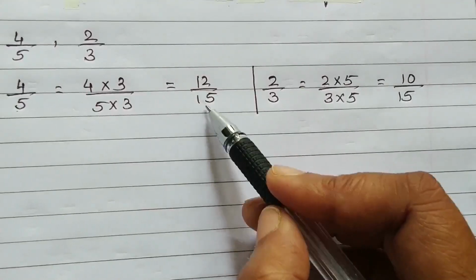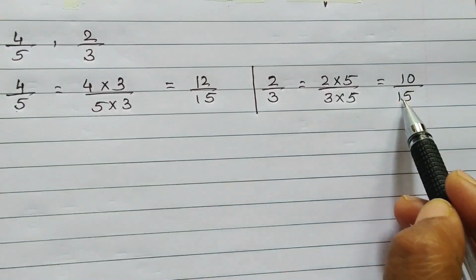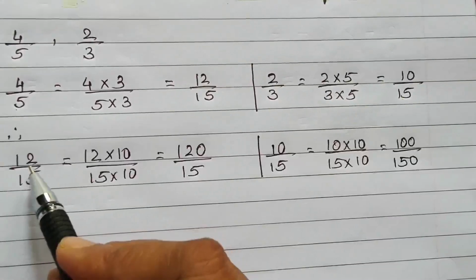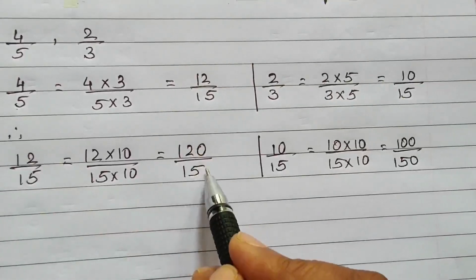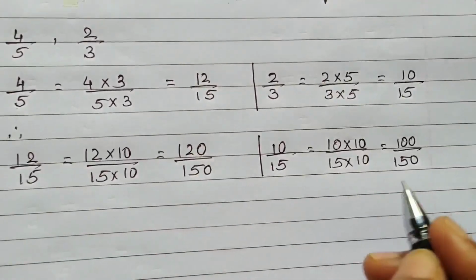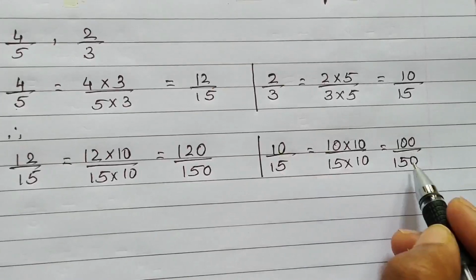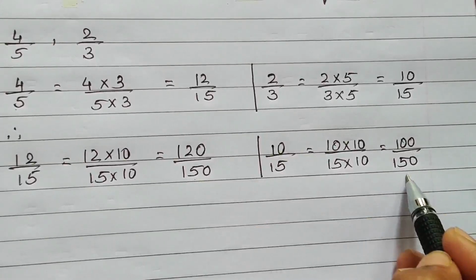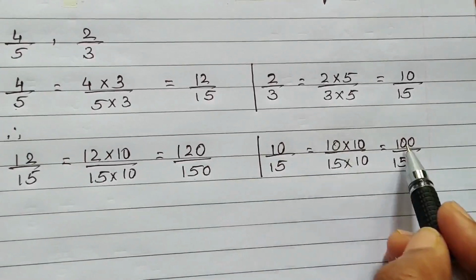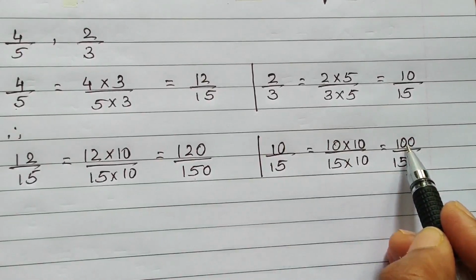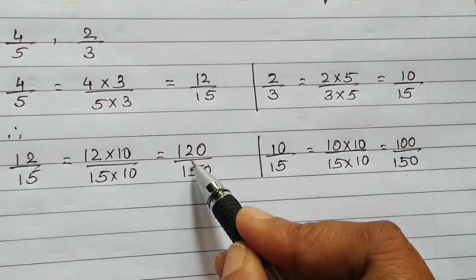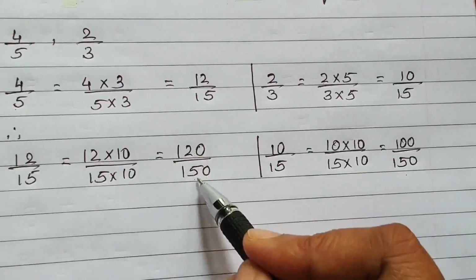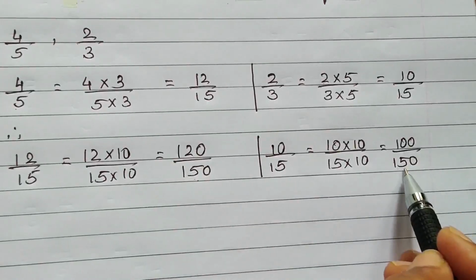So we will again convert 12 by 15 and 10 by 15 into equivalent fractions by multiplying it by 10. So 12 by 15 becomes 120 by 150 and 10 upon 15 becomes 100 upon 150. Now the denominators are 150 and the numerators are 120 and 100. You can think of many numbers between 100 and 120. So all those numbers will be between 120 upon 150 and 100 upon 150.